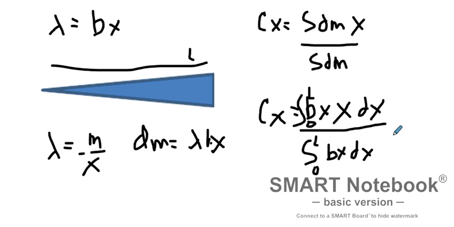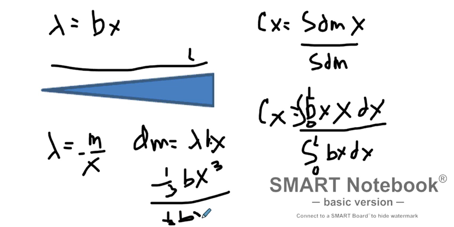So we're going to end up with a situation here where we have 1/3 bx cubed on the top, divided by 1/2 bx squared on the bottom once we take the integral of this. The definite integral here is going to be from 0 to L, and the definite integral here is going to be from 0 to L.